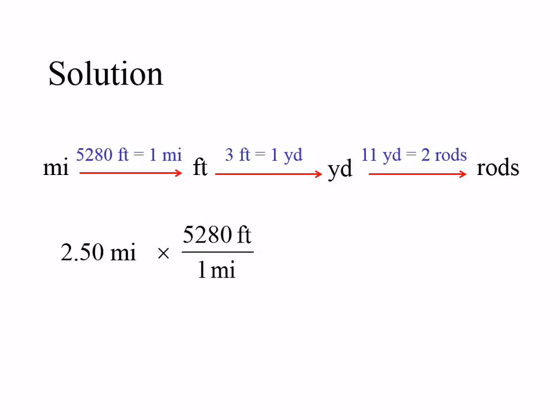And then I'm ready to go from feet to yards, so what does the third term look like? Yards over feet. Yep, 1 yard over 3 feet. And then I want to go from yards to rods, and this is what was given in the problem.